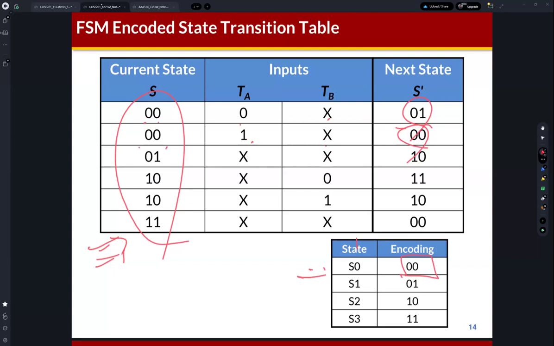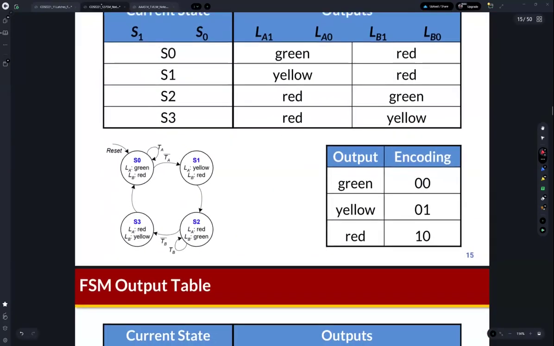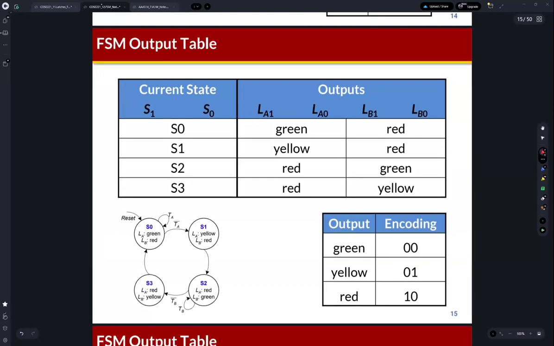It's the same. In the FSM, we define the state transition table using digital values. Then we can make the next state logic, because next state logic is a combinational logic. The output table is the same, and it is actually very simple. Because in a Moore FSM, the output signals are just determined by the current state, right?